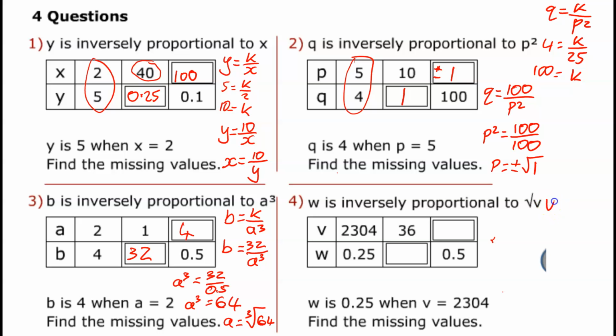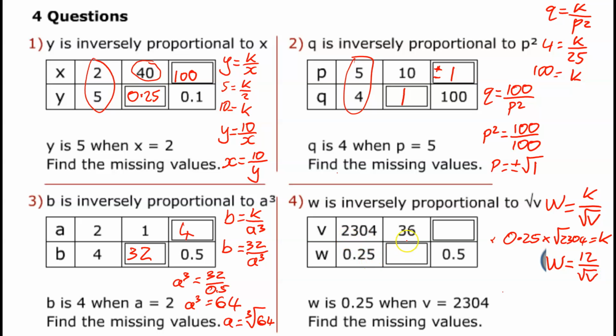And then the final one, we've got w equals k over the square root of v. Substitute our numbers in. So we've basically got 0.25 times the square root of 2304 is k. I'm just going to do that on my calculator. W equals, I think it's 12 over the square root of v.